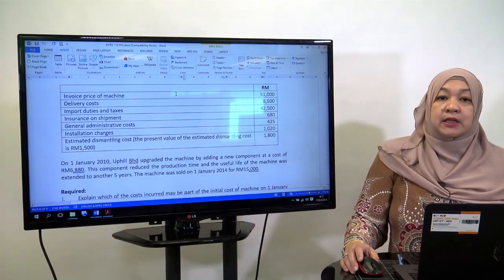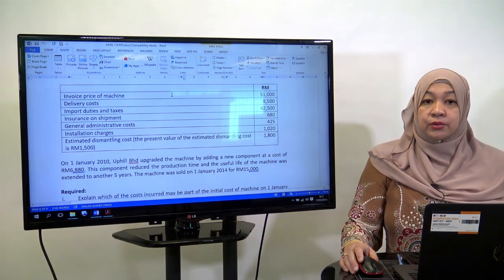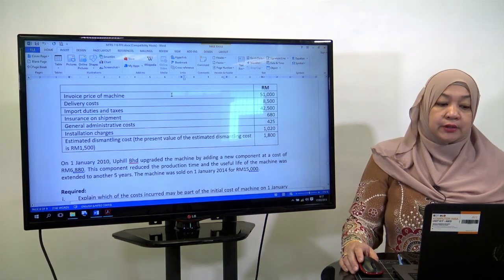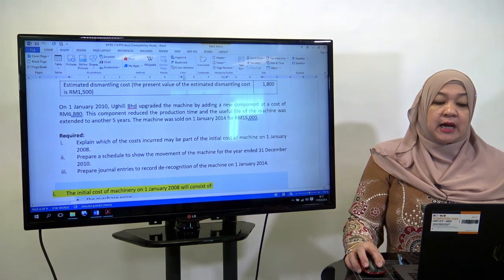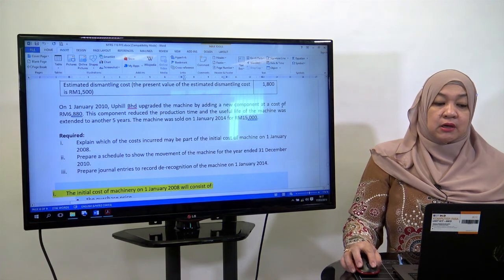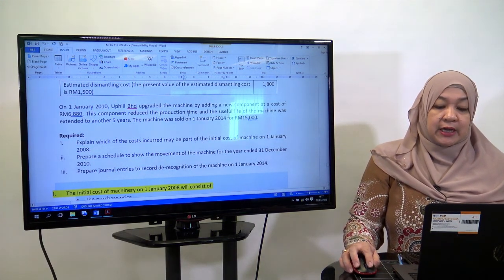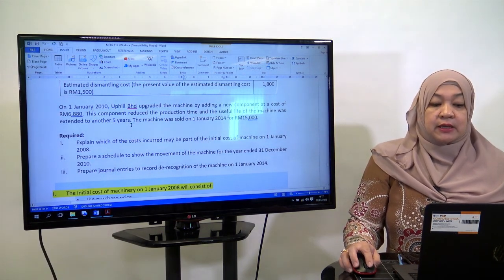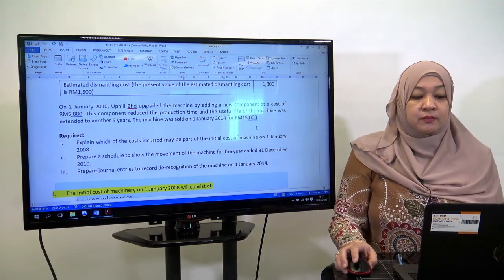For example, taxes, duties, delivery costs, all those costs need to be included as part of the cost of the non-current asset. Okay, on 1st January 2010, Uphill Berhad upgraded the machine by adding a new component at a cost of 6880. This component reduced the production time and the useful life of the machine was extended to another 5 years. The machine was sold on 1st January 2014 for 15,000.